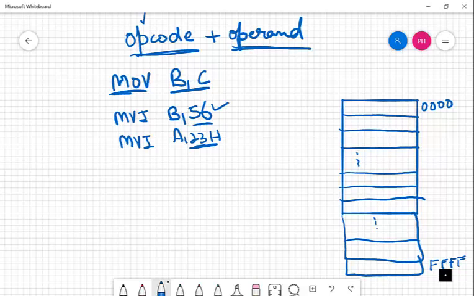And in this memory, I have told you, the program, the opcodes plus operands, are stored. And apart from this program that we need to execute, we might have some operands, some data inside the memory. For example, starting from memory location 1000, we have some data.